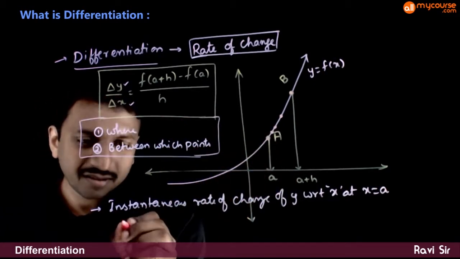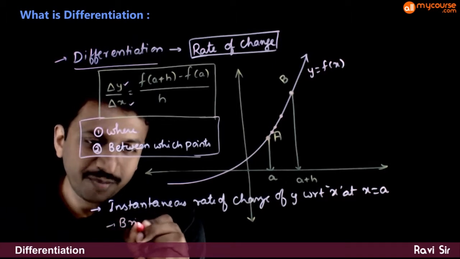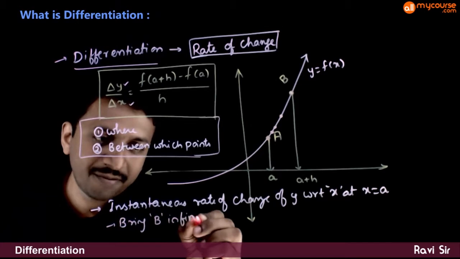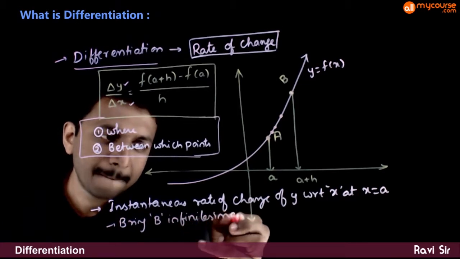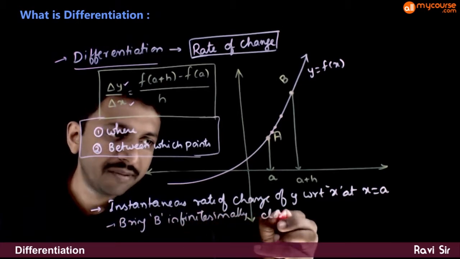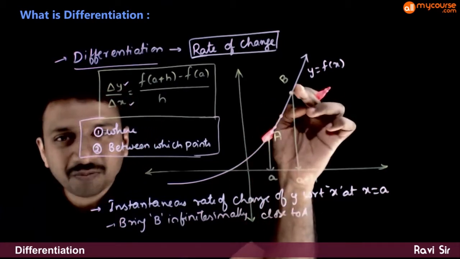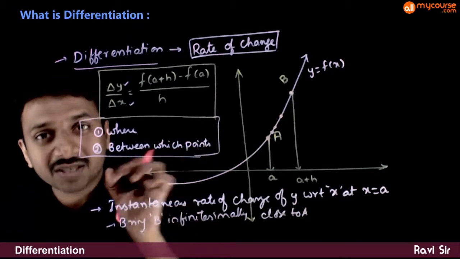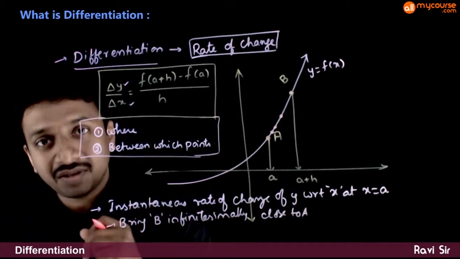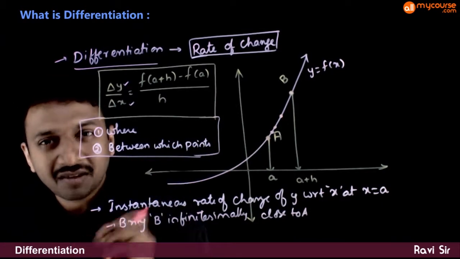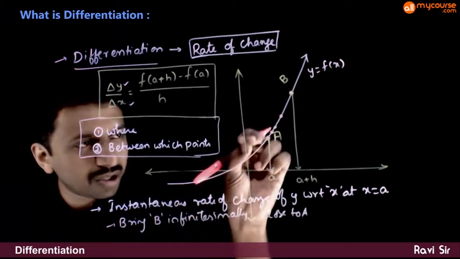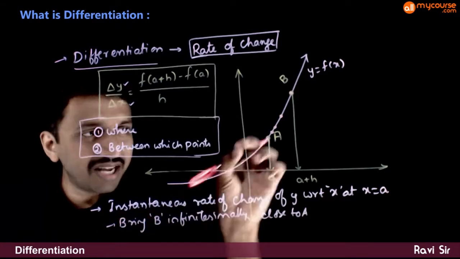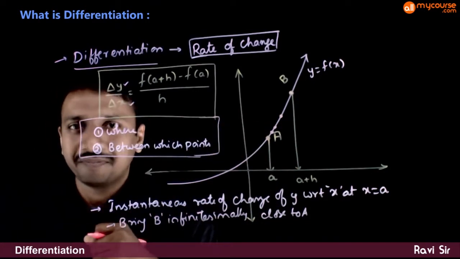So if you bring this B infinitesimally close to A and take A and B as points, the average rate of change which you get will be very much close to the instantaneous rate of change at A, because the interval is very small.